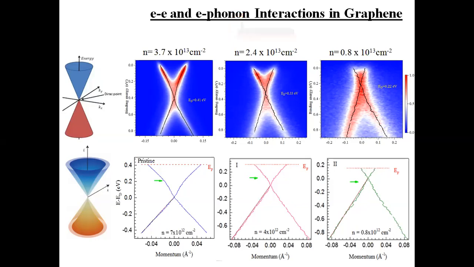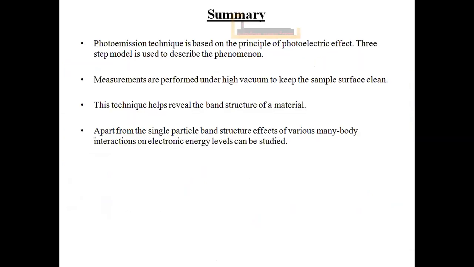So with this I will finish. In summary, the photoemission technique is based on the photoelectric effect, and a three-step model is used to describe this phenomenon. To keep the sample surface clean and to perform the experiment for a longer time, we have to perform these measurements in ultra high vacuum.